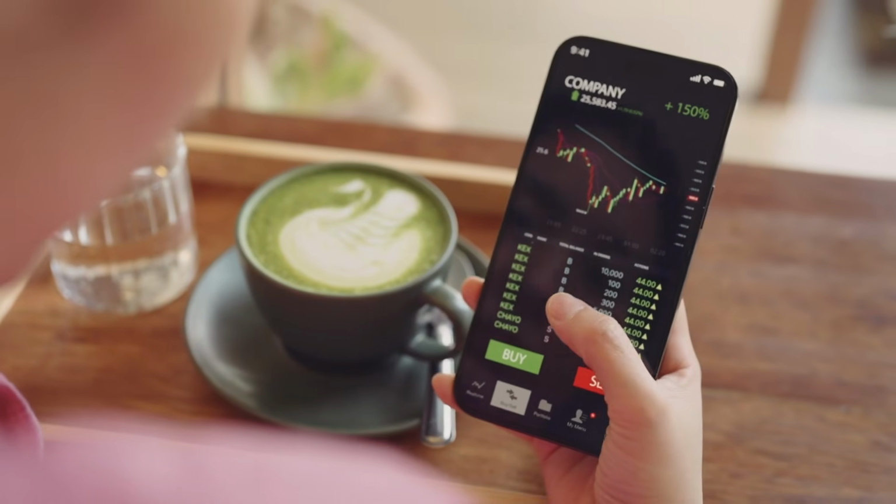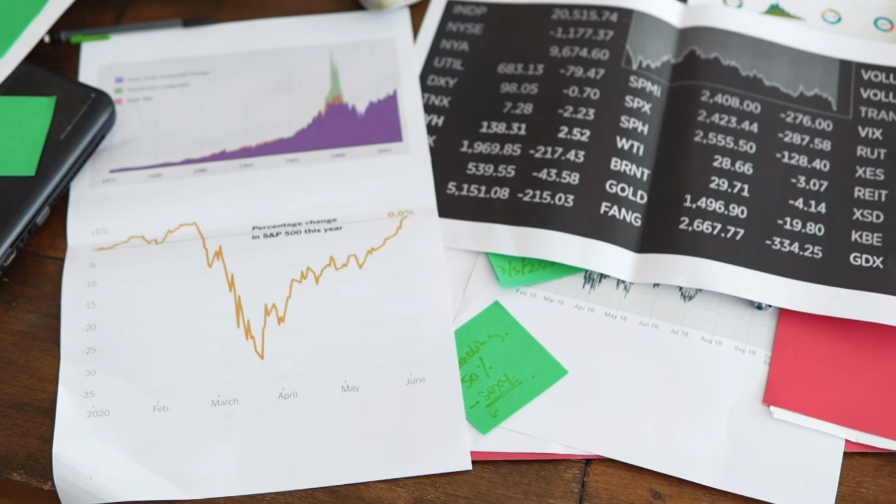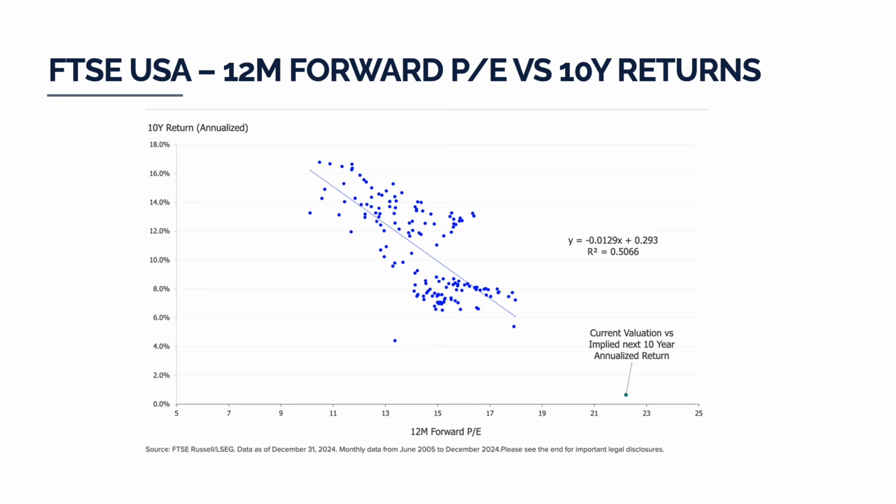Expensive markets can become even more expensive and stay expensive for years, but the price you pay still matters. Historically, investors who bought the US market at lower valuations generally earned higher returns over the following 10 years. Those who bought at higher valuations generally earned lower returns.